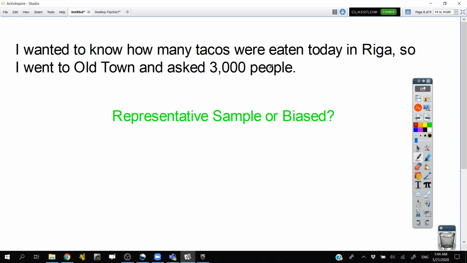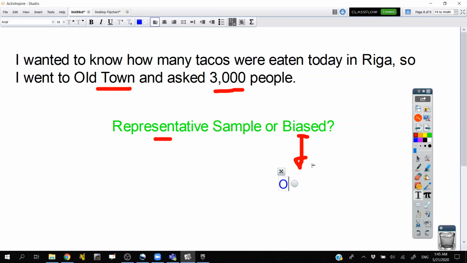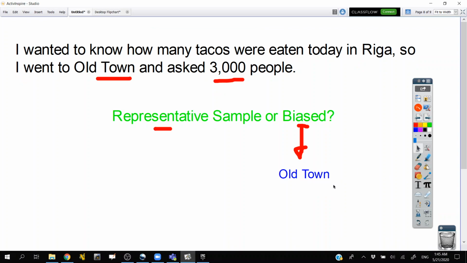What if you wanted to know how many tacos were eaten today in Riga? So you went to Old Town and you just asked 3,000 people, any random 3,000 people that come by. Well, this is actually a really good question. Is this representative or is it biased? The only thing that makes it feel like maybe it's biased is that you didn't go all over Riga. These people aren't from different places. They're all in Old Town. So maybe there is a bias there, but maybe it's representative.